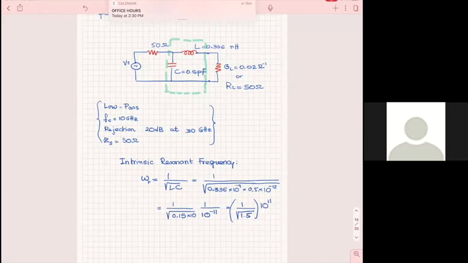Am I right? Let me see. Now, if I use my calculator, it's going to be 7.7 times 10 to the 10th. And then I'm getting 12.28 gigahertz. There is a difference between the two. Let me do this also, and then inverse.